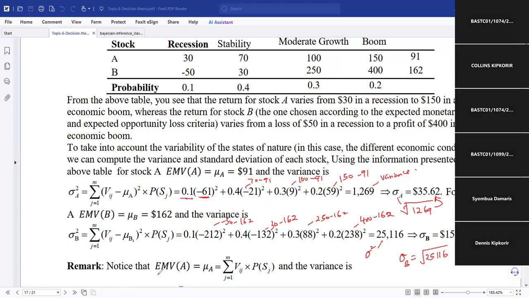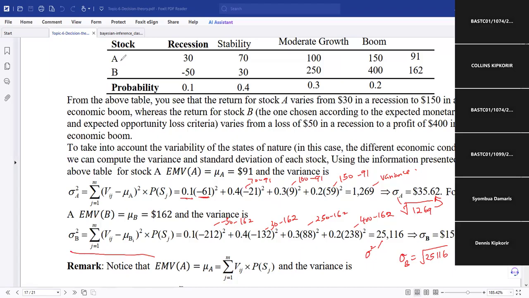This is how we get the expected monetary value, which we have discussed earlier. Then the variance is based on the summation of the deviations from the expected monetary value for each and every decision that we take. For example, here we have two decision alternatives.